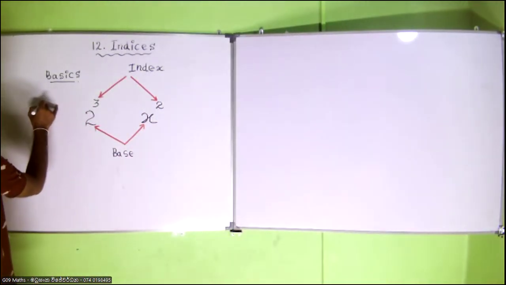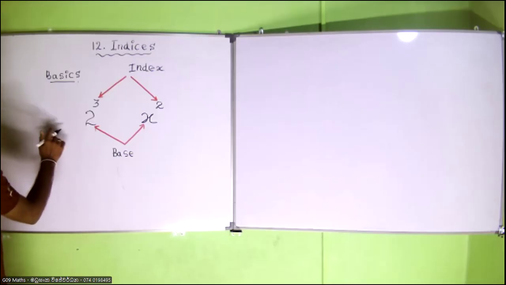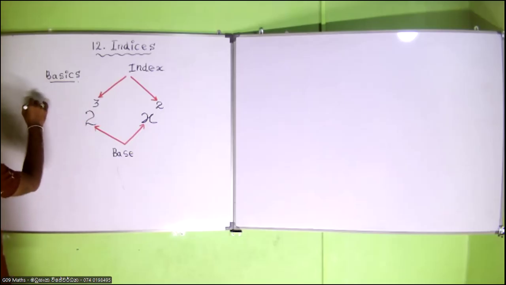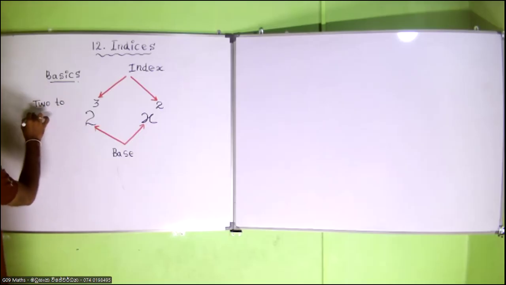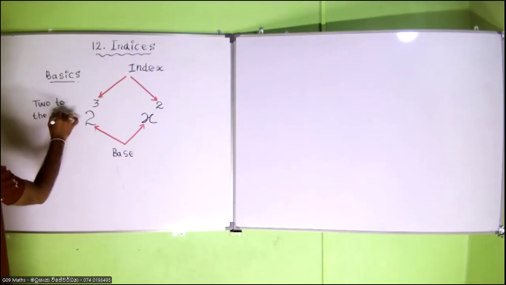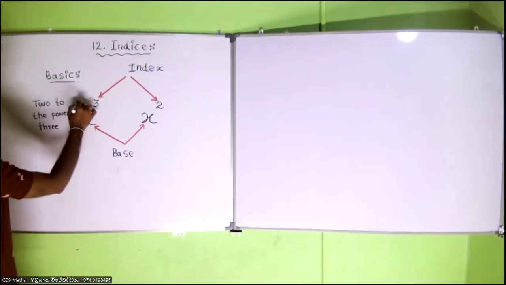Super. So here you need to write how you are going to read this as well. How you are going to read this: 2 to the power 3. This is how you are going to read it.